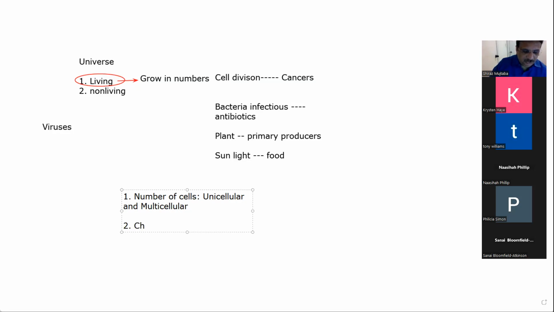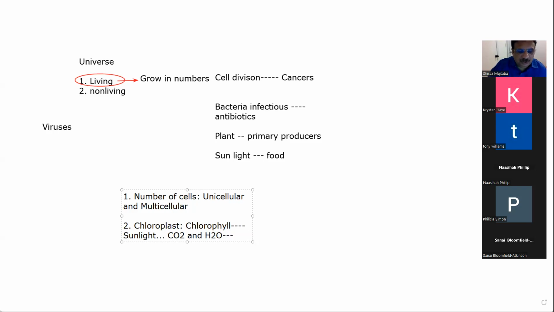Then the second way in which you can organize these diverse biological organisms is based upon the presence or absence of chloroplast. Chloroplast is that special organelle that is present only in plant cells. And these chloroplasts contain chlorophyll, which is a pigment that has the ability to grab sunlight, and then in the presence of carbon dioxide and water, it synthesizes food, which is carbohydrate, glucose.